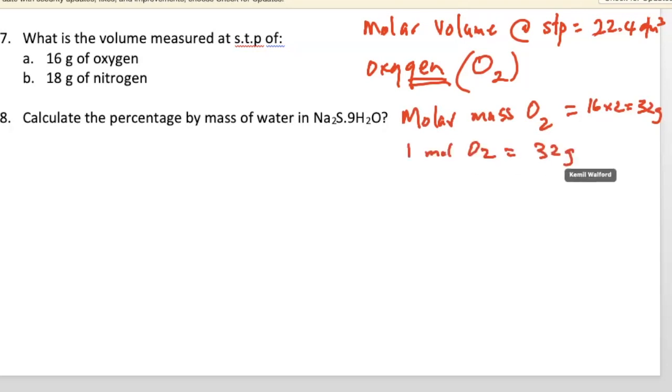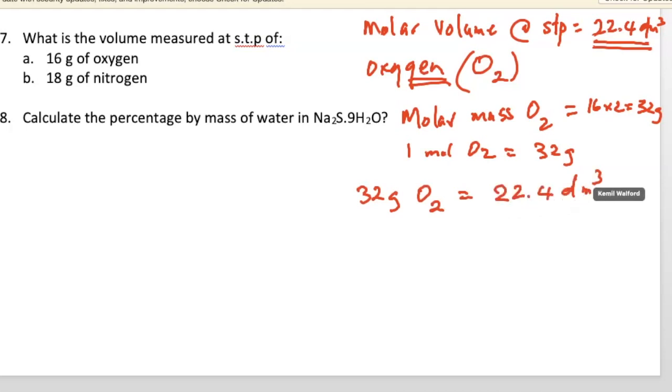We haven't started working it, we're just reasoning our way out. So since molar volume is 22.4 dm cube, the 1 mole of the gas would occupy this volume. Now, 1 mole of oxygen is the same as 32 grams. So we'll say 32 grams of oxygen, which is 1 mole, will occupy 22.4 dm cube.